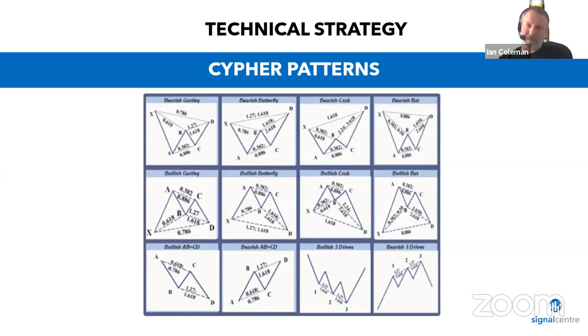One thing that we should note from all of these formations is that they have the same legs. They all have an XA leg, an AB leg, a BC leg, and a CD leg, and they will all form two triangle formations when completed.